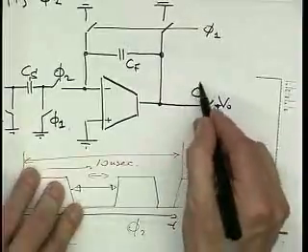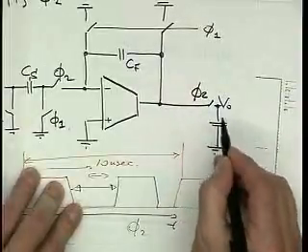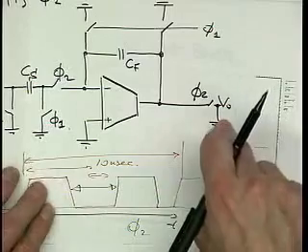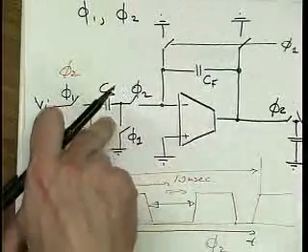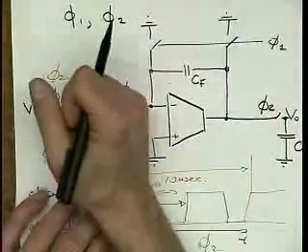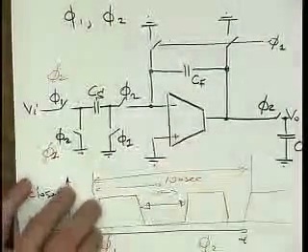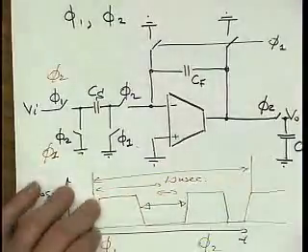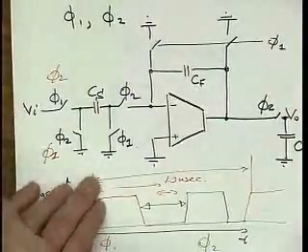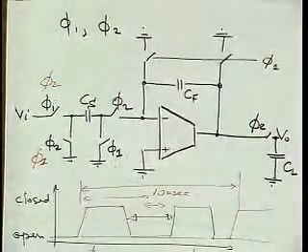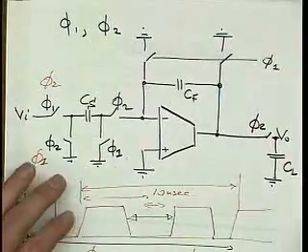At the end of phase 2, I'm actually sampling the output onto a capacitor CL. Probably this CL is going to be the input capacitance of a next stage. Probably we are just going to cascade blocks like this. Of course, there are going to be a few extra capacitors and switches so that the overall thing does something interesting, like filtering or some computation that gives us A to D conversion or the like.